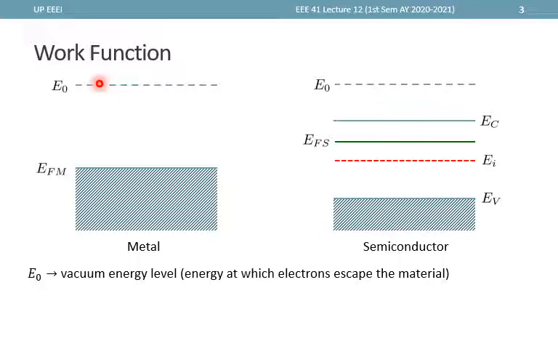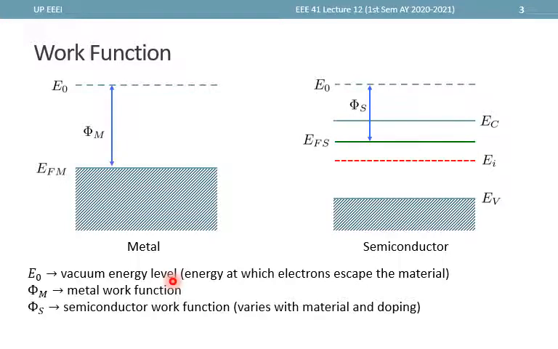Now we introduce this E naught here, where at this high energy level, the electron will now be able to escape the material, and we call that E naught the vacuum energy level.